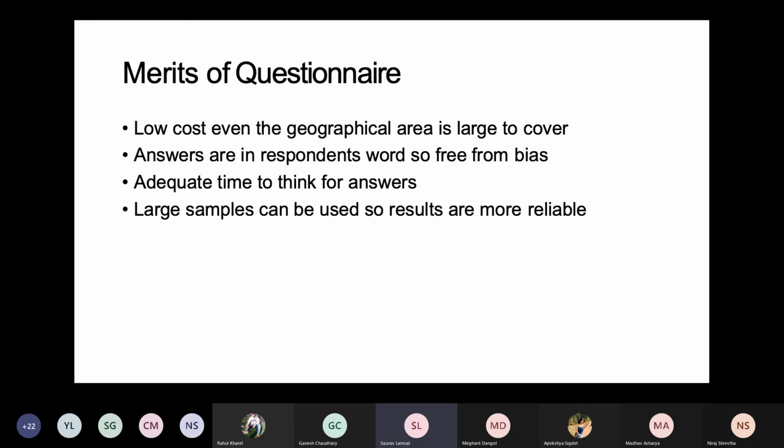Answers in response are free from bias, meaning you are focusing on the predefined set of questions. So they give their answers on the particular options that you have set for that question. Okay, so that decreases the biasness in the response.